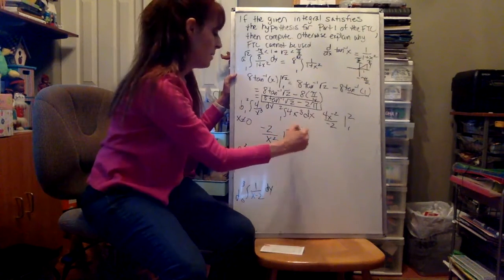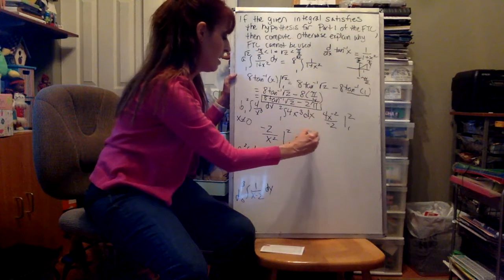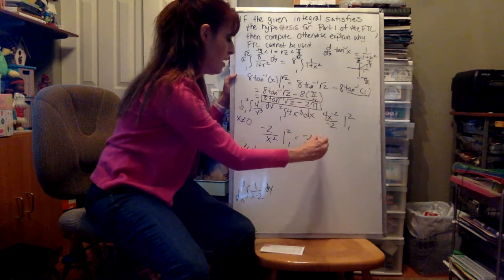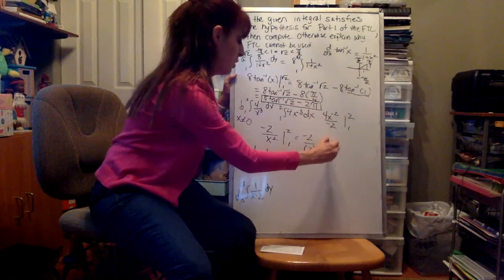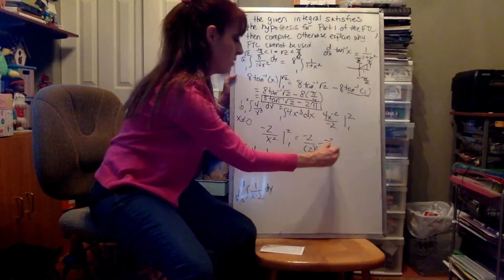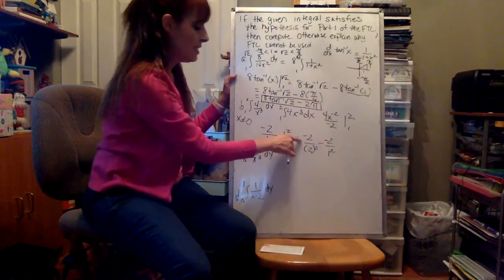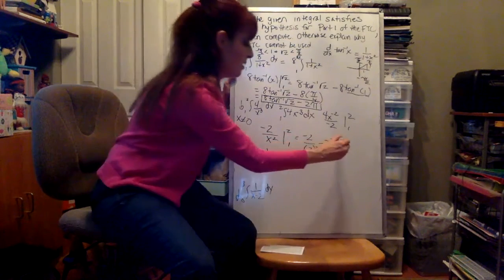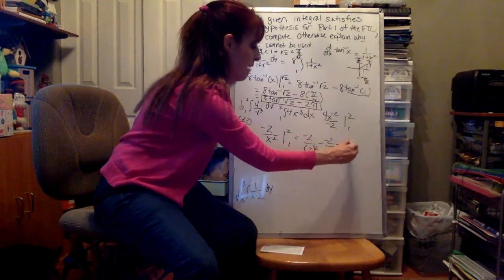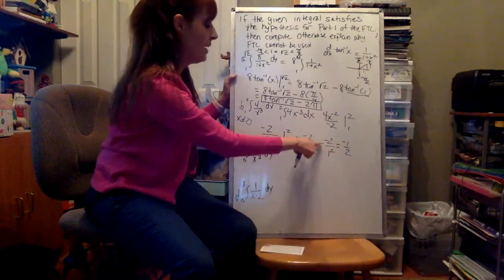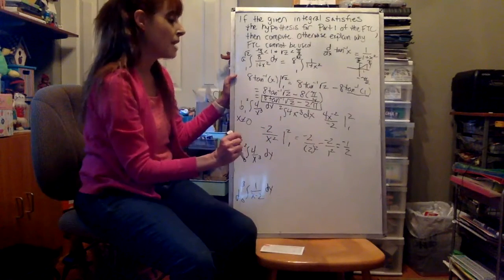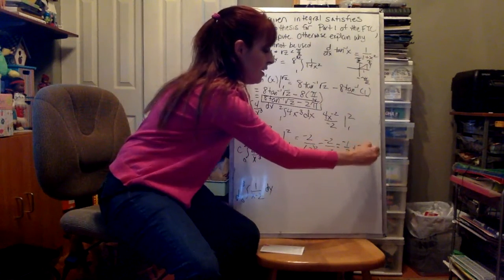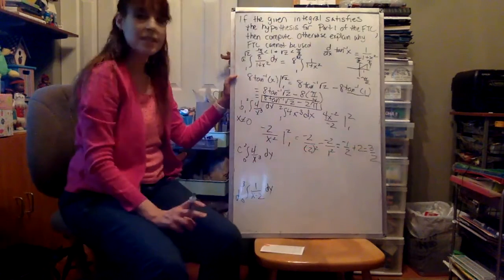So that's going to be negative 2 divided by 2 squared minus negative 2 divided by 1 squared. So that's negative 2 divided by 4, which is negative 1/2. And this minus a negative makes that a plus. That's just going to be plus 2. So our answer is 3/2.